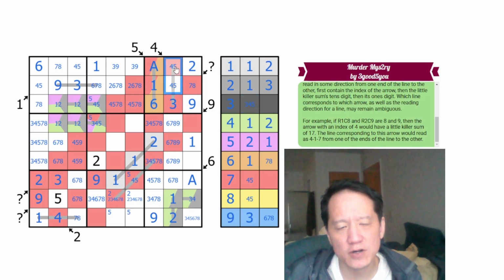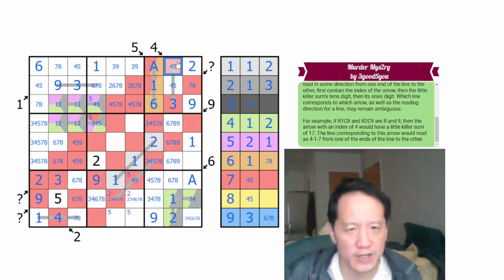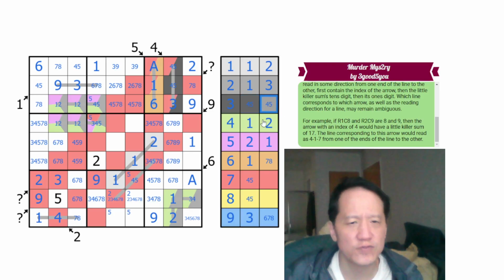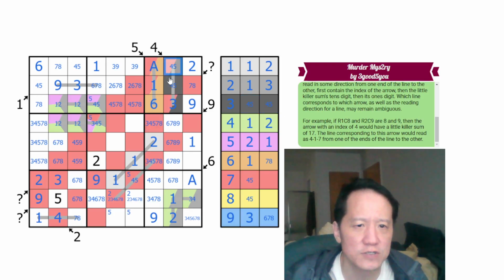Because this can no longer have a 7 or 8 on the other end, which means it cannot be 7 or 5 with a 3 at the end. So this has to be specifically the dark. So this is 45 or it's 54. We're not sure which.